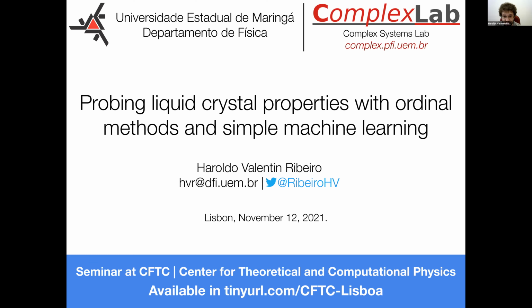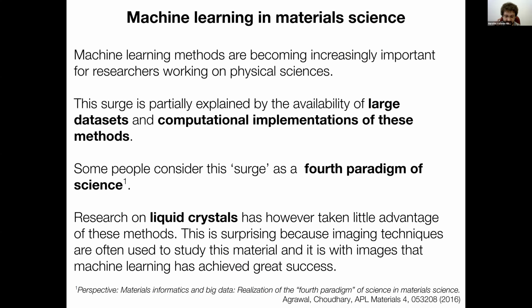Okay, so I will be talking about using ordinal methods and simple machine learning to predict properties of liquid crystals from images of these materials. Maybe to motivate this, I would say that we are now seeing a surge of applications of machine learning methods in different disciplines and areas. And this is not different in physical science and in physics in particular, and also in material science.